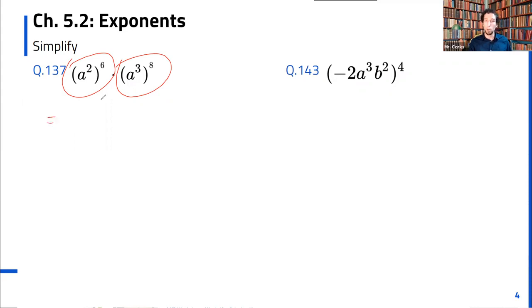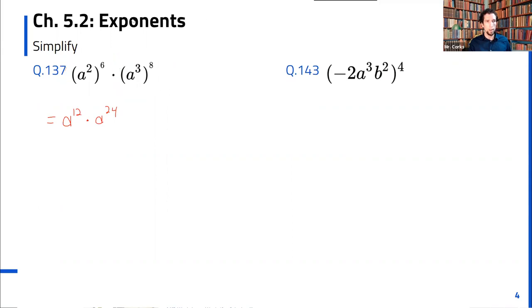If we have an exponent to another exponent, a squared, then again to the exponent 6, we multiply the 2 exponents. So that's a to the exponent 12 times a over here, same thing, to the exponent 24.